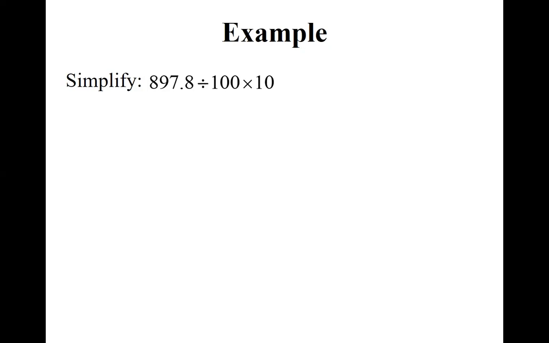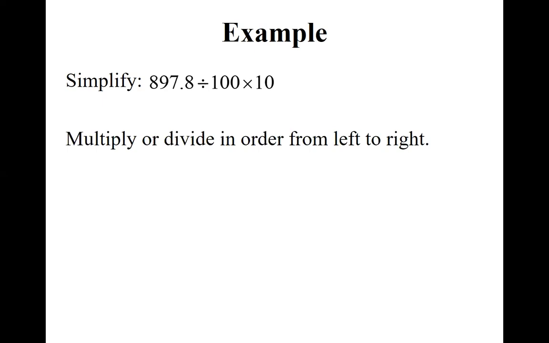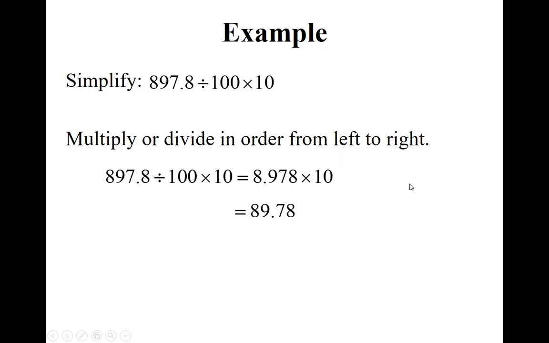So 897.8 divided by 100 would move the decimal point 2 to the left. So 8.978, and then times 10 moves it back 1 to the right. So 89.78.